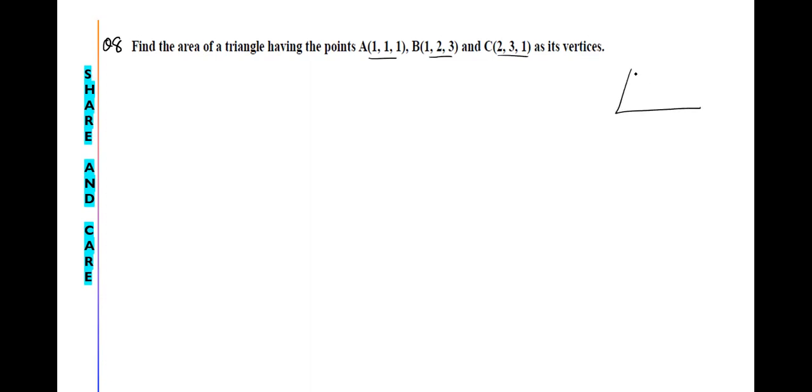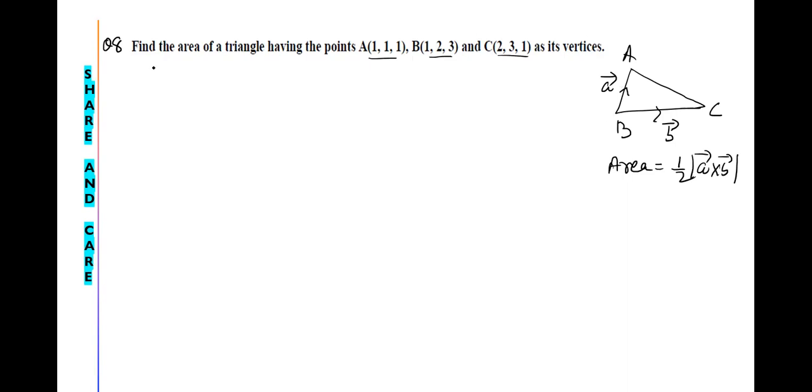As you know, if you are given triangle ABC, one adjacent side is represented by vector A and the other adjacent side by vector B. We know the area of the triangle is half of magnitude of A cross B, where vector A and vector B represent two adjacent sides of the triangle.